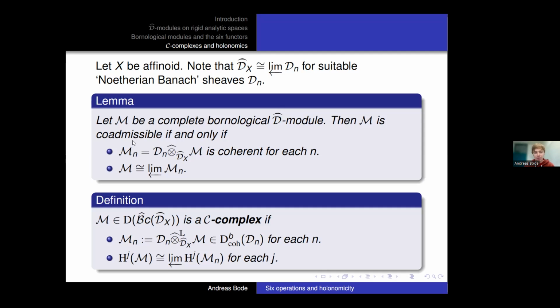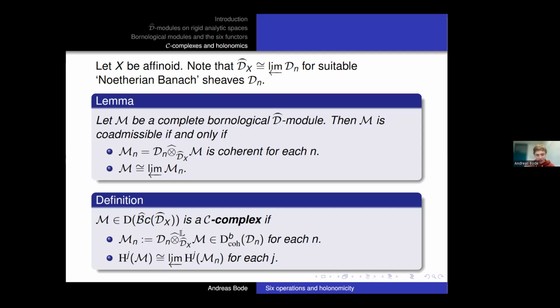And something is co-admissible if and only if it becomes coherent over D_n under base change, and it's the inverse limit of such guys. This is, in some sense, the complete bornological reformulation of what it means for something to be co-admissible. But again, it follows the same philosophy: it's just the inverse limit of things that are coherent on the Noetherian level for any finite radius of convergence. The reason I put down this lemma is that if you write things like this, it becomes much easier to guess what the corresponding derived version should be, right?